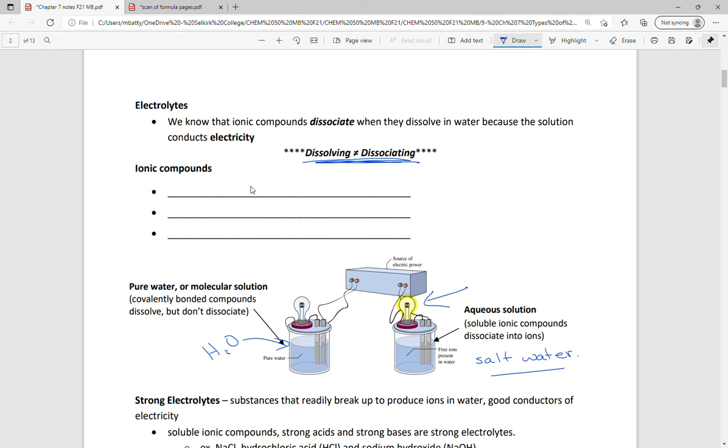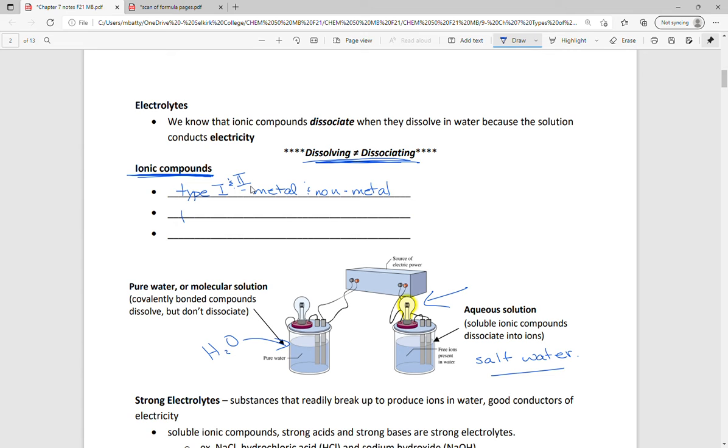So just as a reminder, ionic compounds, when we think back to our nomenclature, we could have the type 1, metal and a nonmetal. We could technically have type 1 and type 2, right? Because the only difference between those are the multivalence metals.